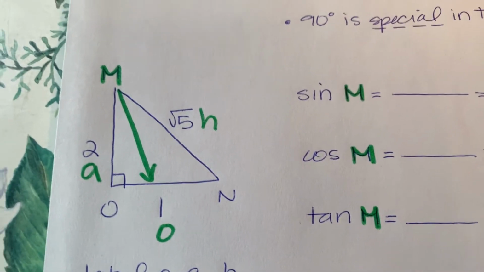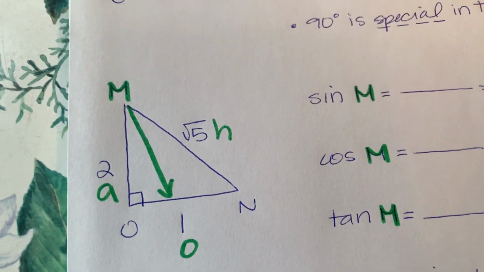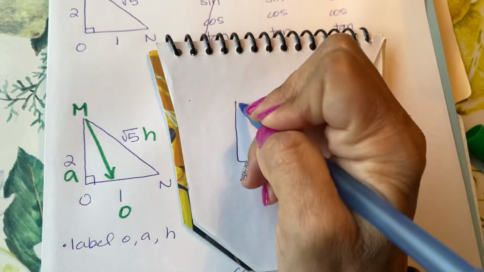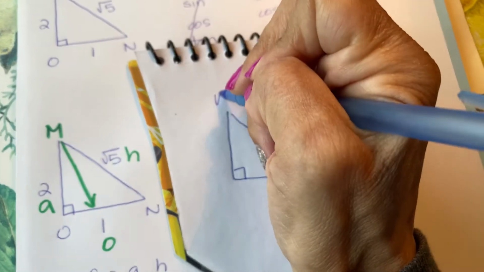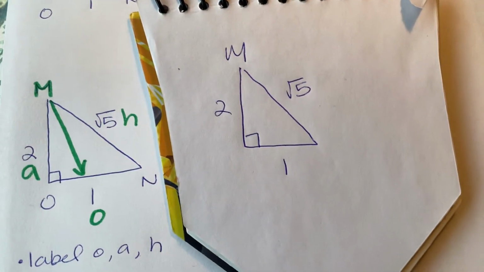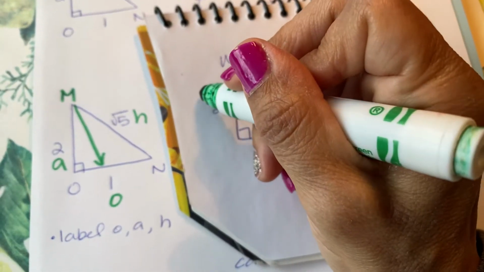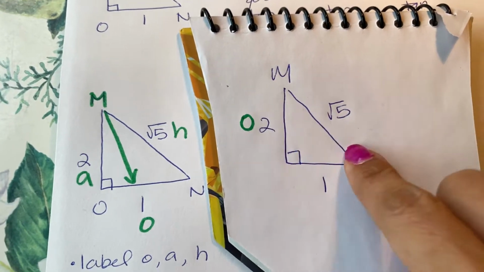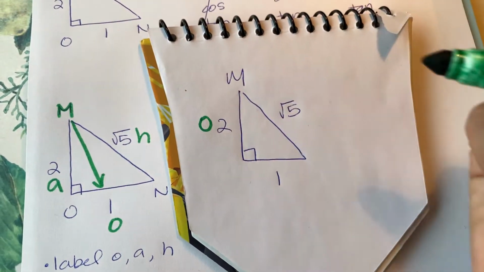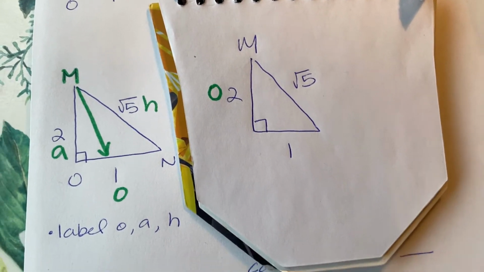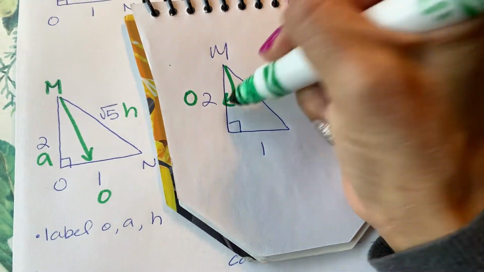So you have to get the labeling right. Okay, really quick about the arrow, because some students did ask this in class. One kid asked, why do you always draw the arrow? So look, if I was to redo this, and this is M, and this is the 2, the 1, we're at rad 5. If you made O your 2, so this is wrong. If I told you, well, draw an arrow from M and show me 2, you'd be like, oh, it's right there.